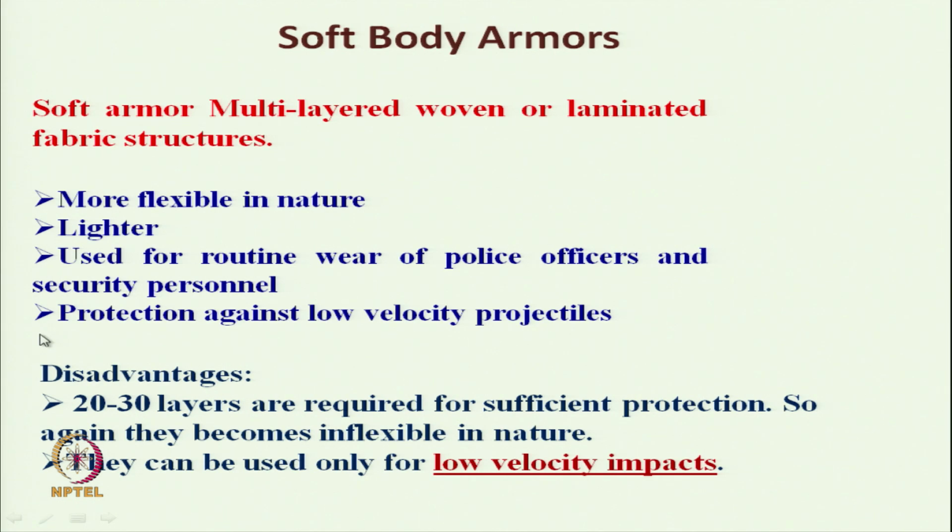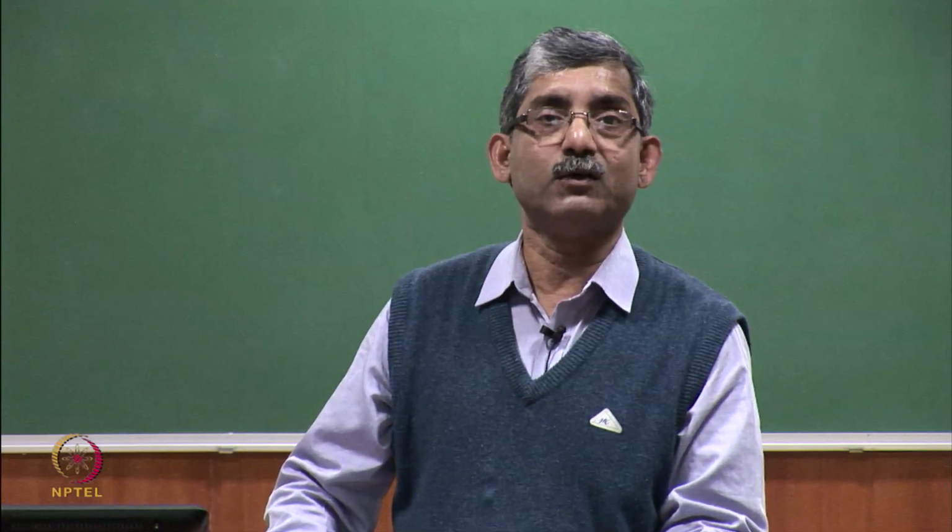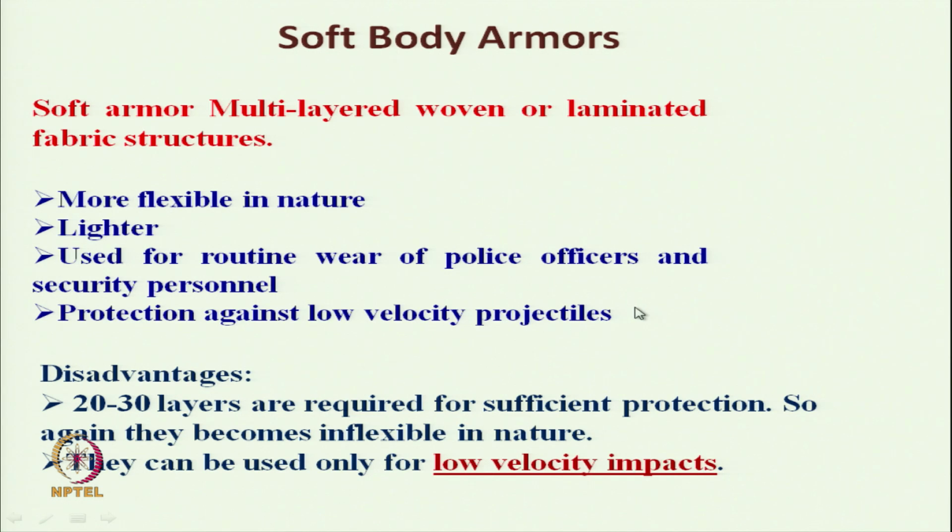In those applications we can use soft body armors made of multi-layer woven cloth. So, these soft body armors are effective for protection against low velocity projectiles, but the main disadvantage is that, although we are trying to produce flexible soft body armor, we have to use at least 20 to 30 layers of fabrics to provide sufficient protection.